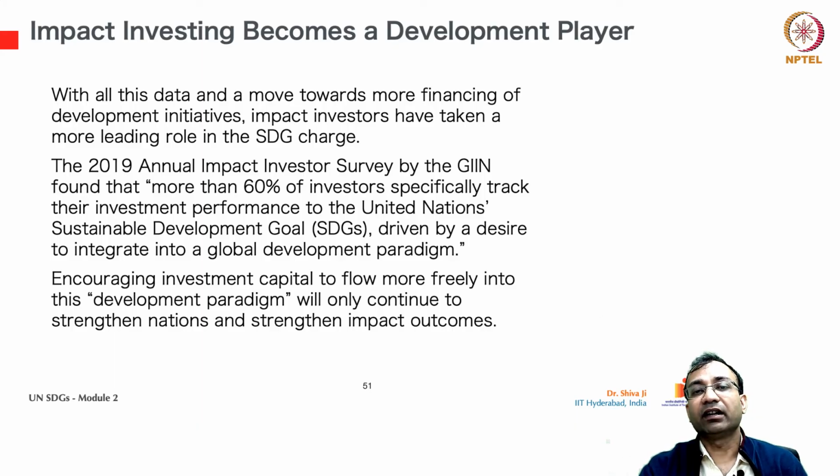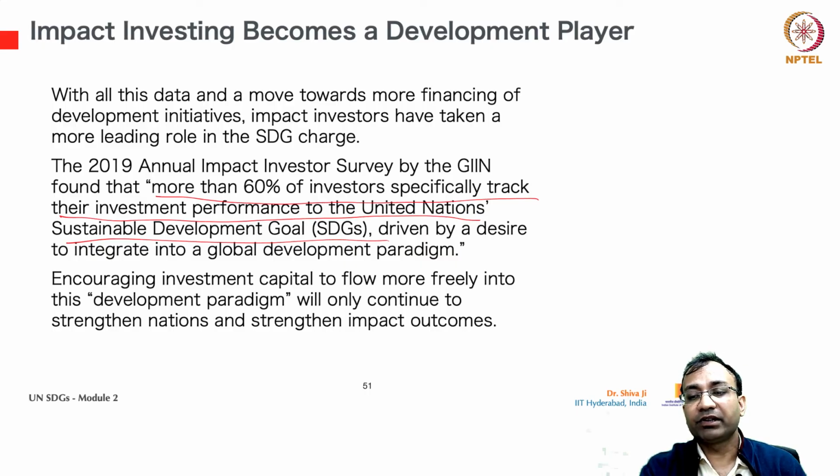With all of this data and a move towards more financing of development initiatives, impact investors have taken a more leading role in the SDG charge. The 2019 Annual Impact Investor Survey by the GIIN found that more than 60% of investors specifically track their investment performance to the United Nations Sustainable Development Goals, driven by a desire to integrate into a global development paradigm.